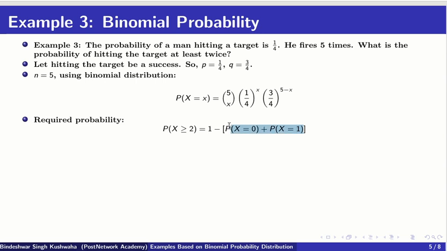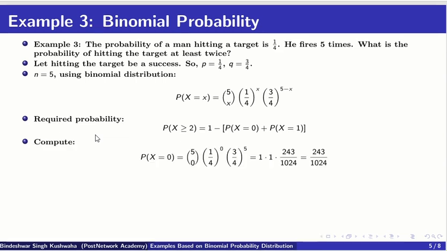That is the probability of x less than 2, and if you subtract it from 1, we get the probability of x greater than or equal to 2. That trick is used here, and in previous videos I have explained it, so you can watch those videos.